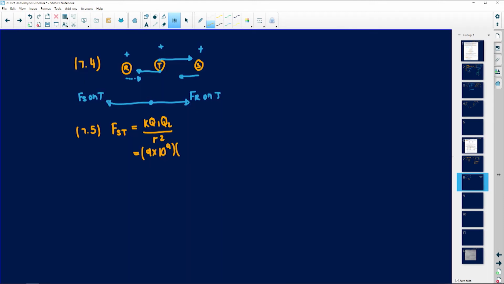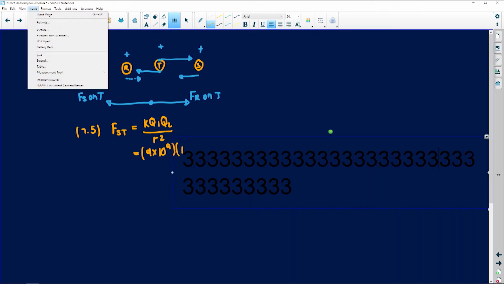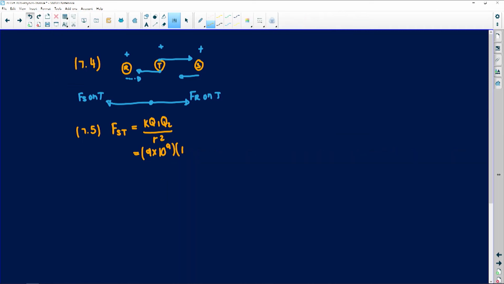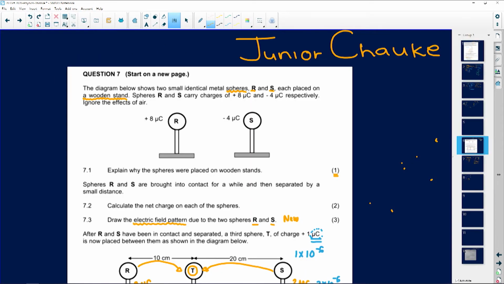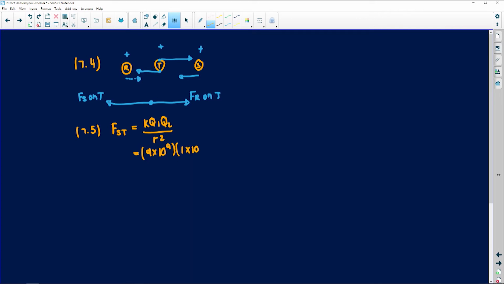So the first charge, and that is on T, that is 1 times 10 to the negative 6. And then here I'm going to have 2 times 10 to the negative 6. And now we have to look at the distance between S and T. We were told it is 20 centimeters. But remember, you must always say 20 divided by 100 to get it to meters. And remember, that is distance squared.